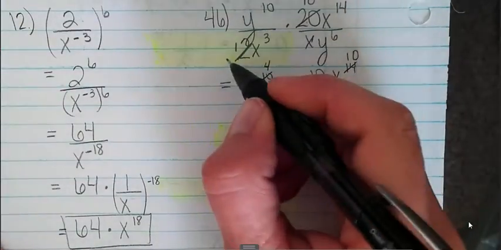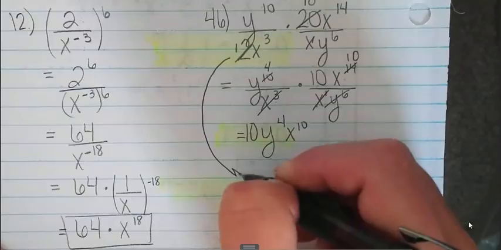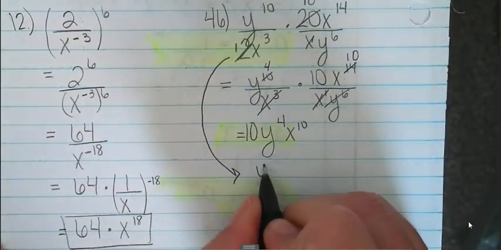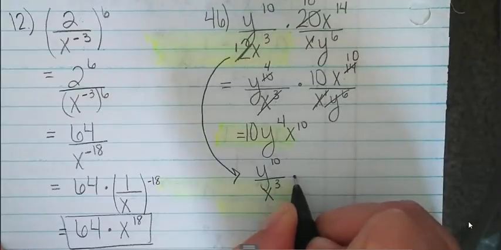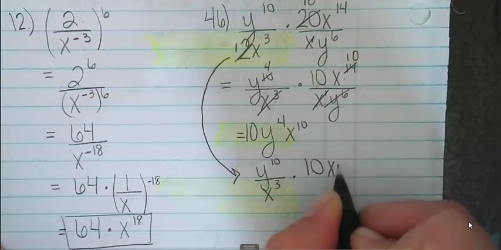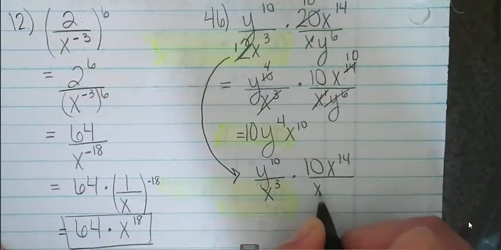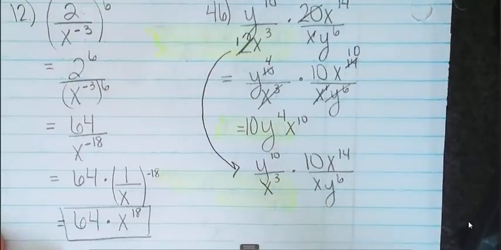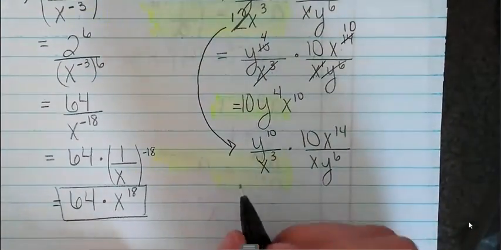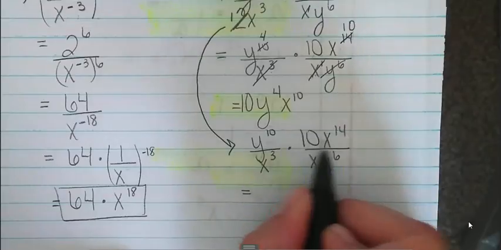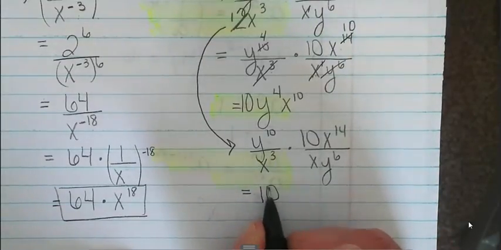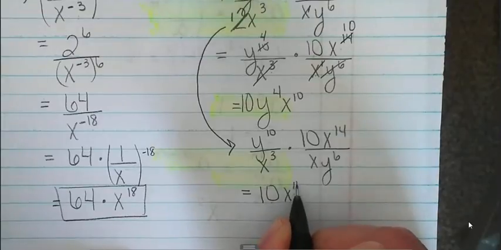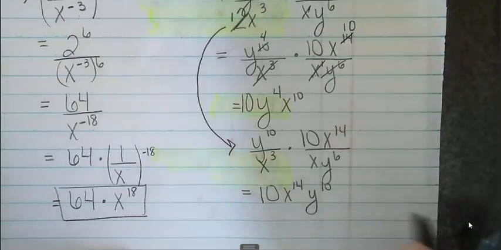Okay, so let's go back and do this one more way. Let's say I still had my y to the 10th over x to the 3rd times 10x to the 14th over x, y to the 6th. Another way of doing this is to say, well, I'm multiplying whatever's on top together. So this gives me 10 x to the 14th, y to the 10th.